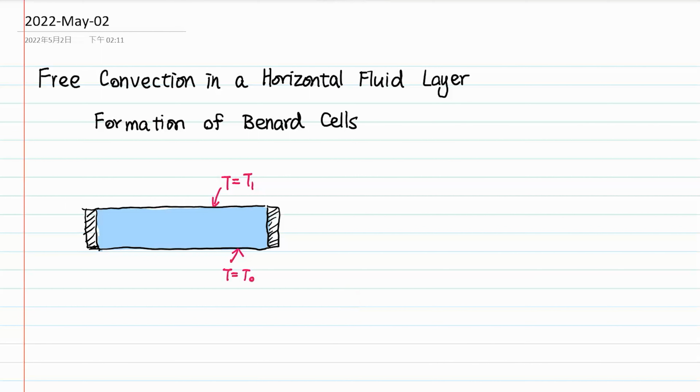Let's define the coordinates. Assuming this is a circular plate, we have the axial direction in Z and a radial direction, R. Let's define the lower plate as Z equals 0, and the upper plate at Z equals H. And the side here is insulation.